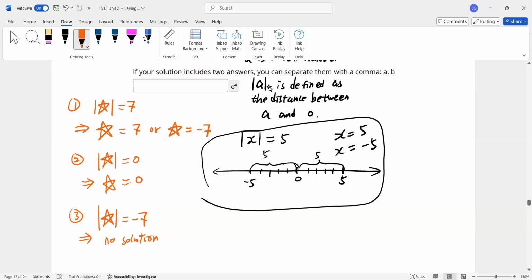Absolute value is defined as a distance. Distance cannot be negative. This equation basically is telling us the left side is a distance, the right side is -7. Some quantity whose absolute value is -7. A distance is -7. Isn't that a contradiction?